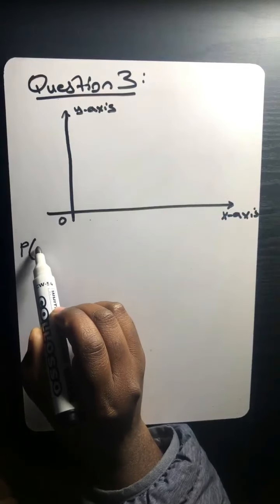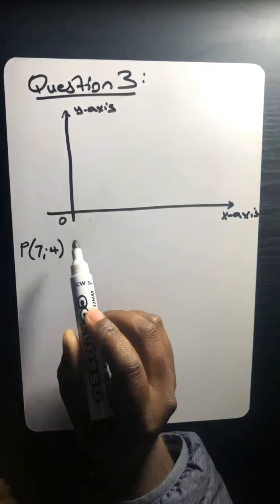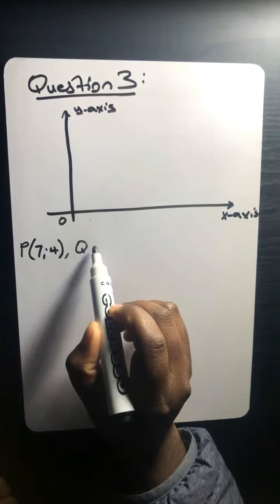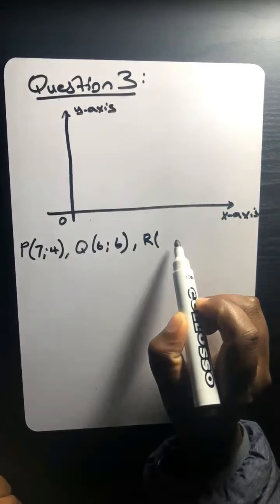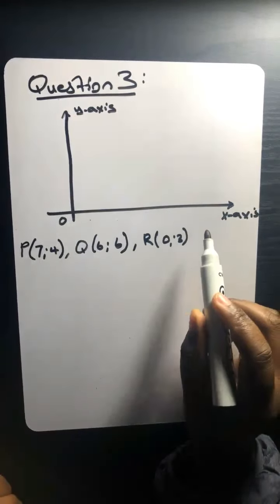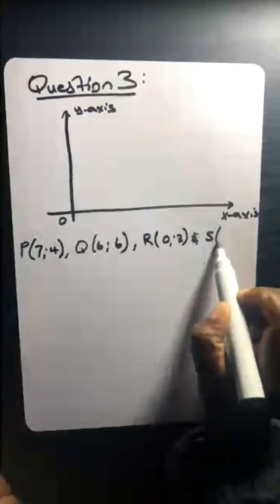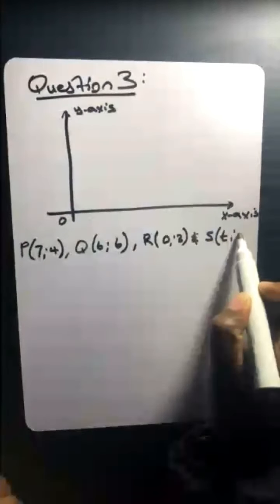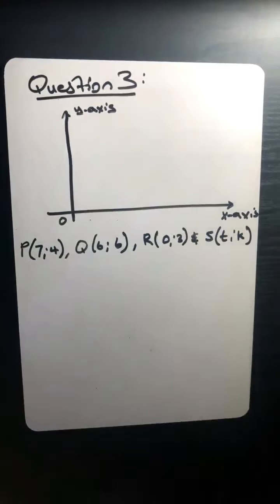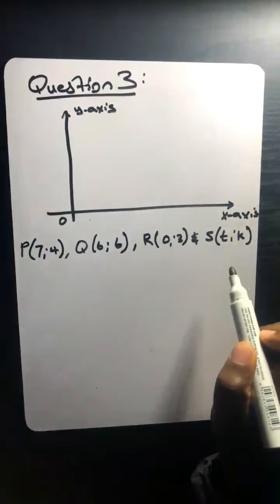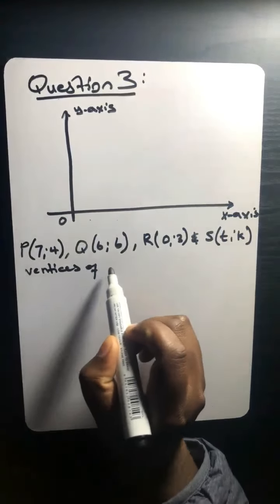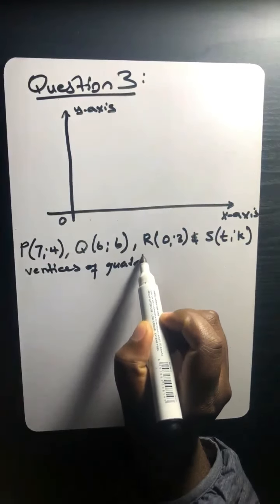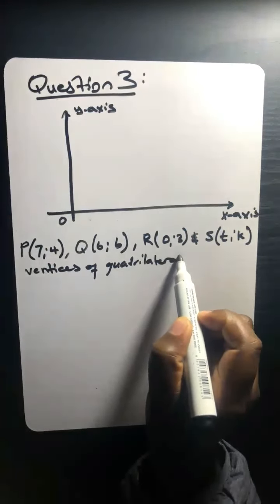They said point P, that's where we've got 7 and 4, and Q, we've got the coordinates 6 and 6, and R, it's 0 and 3, and lastly they said S is T and K. So they said these are the vertices of quadrilateral PQRS.